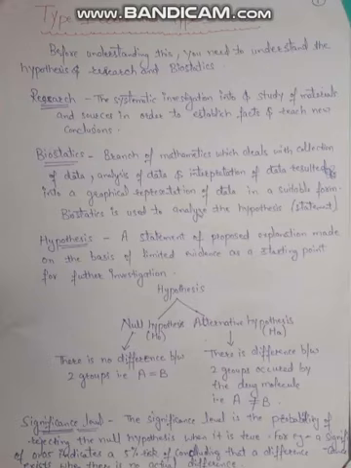So what is null hypothesis? When there is no difference between two groups, that is A is equal to B. If we are considering two groups A and B, so if A is equal to B, then it is null hypothesis. And in case of alternative hypothesis, when there is difference between both the groups, that is A is not equal to B, then it is alternative hypothesis.